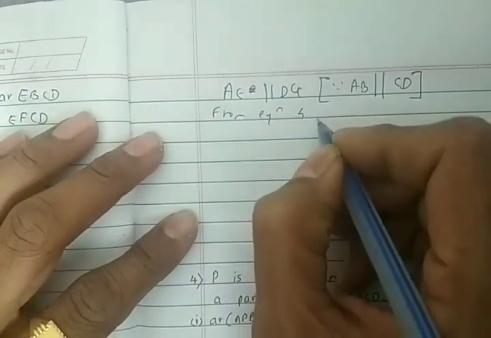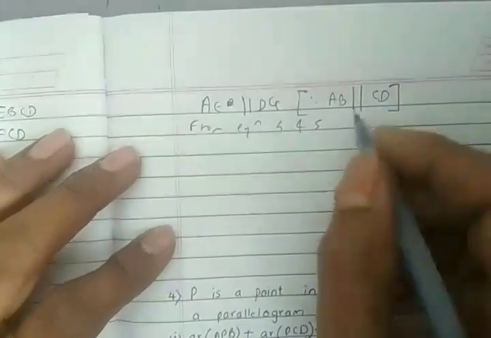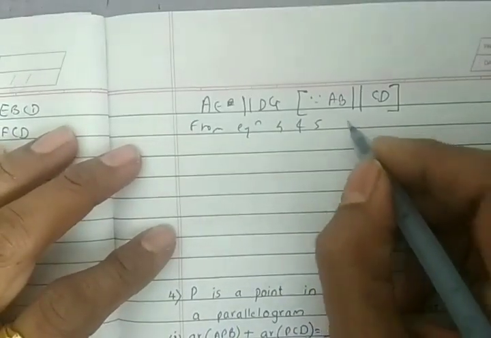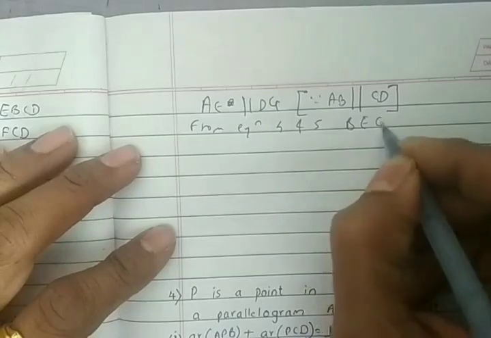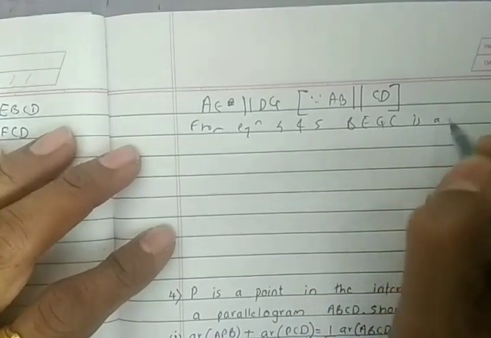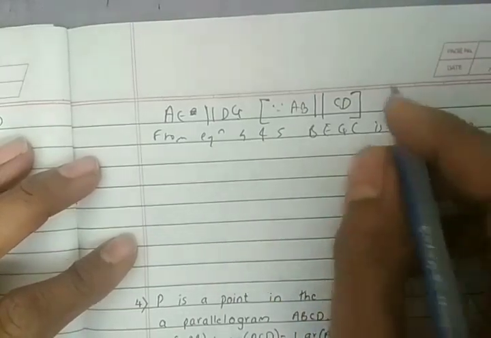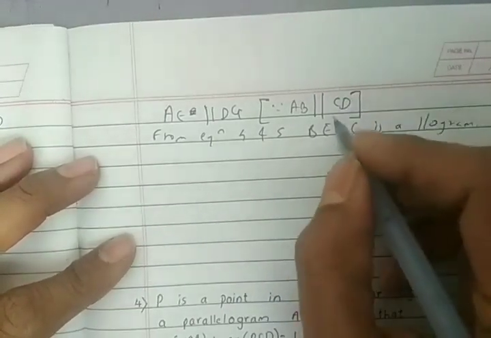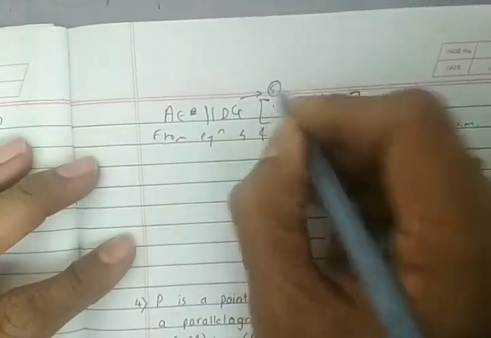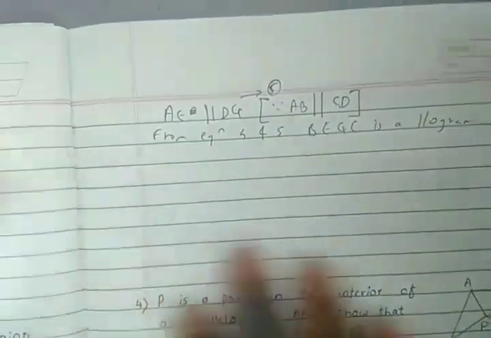Now from equation 4 and 5 we come to know ADGE is a parallelogram, right? This is equation number 5. Sorry, I forgot to mention.